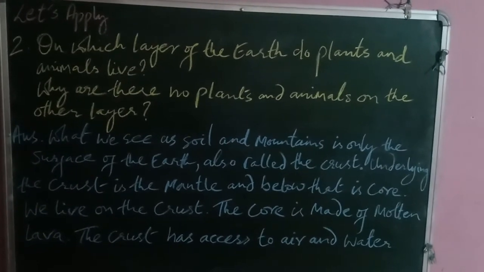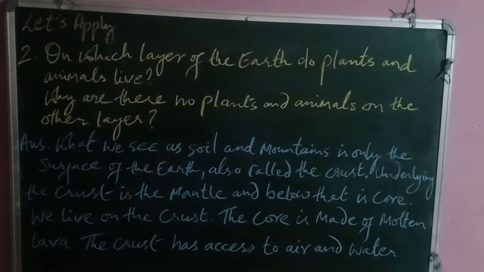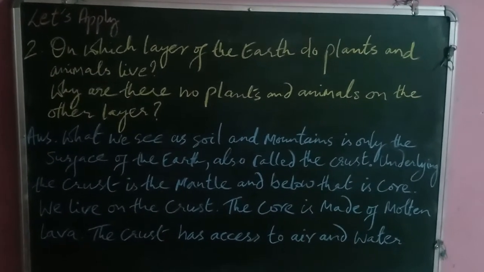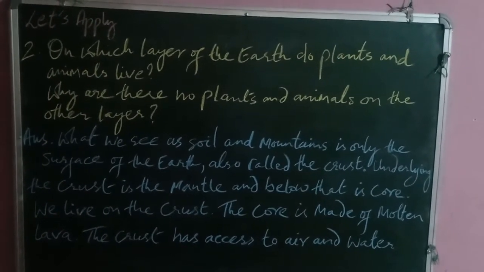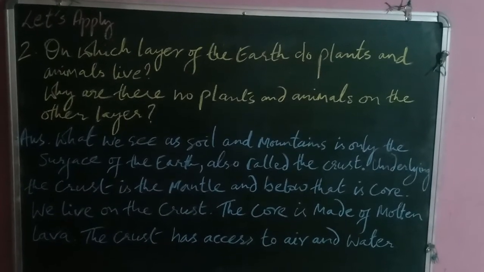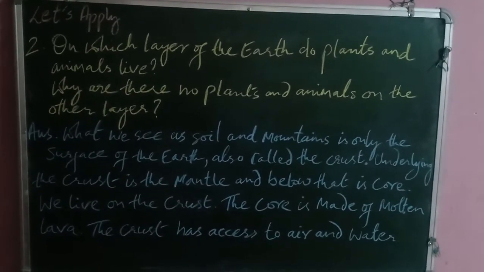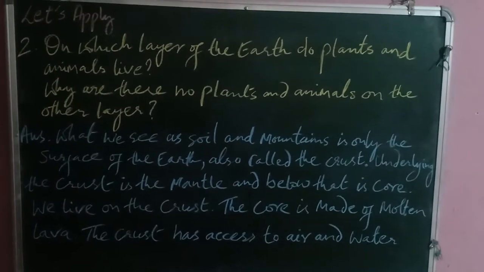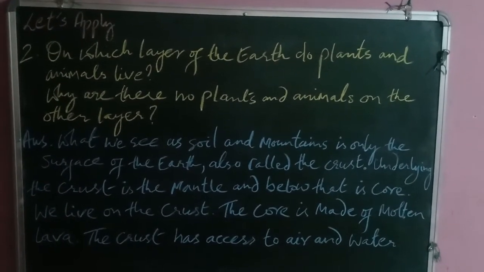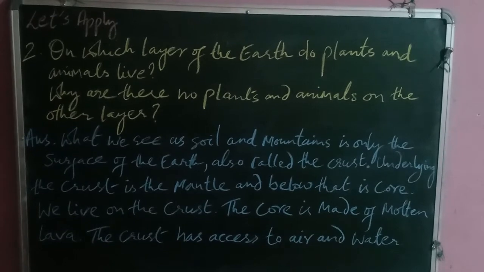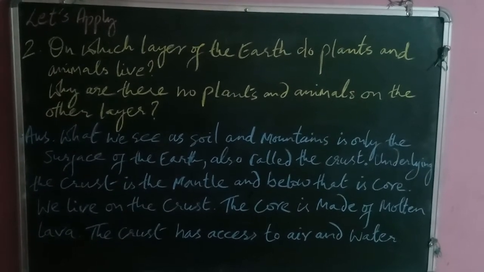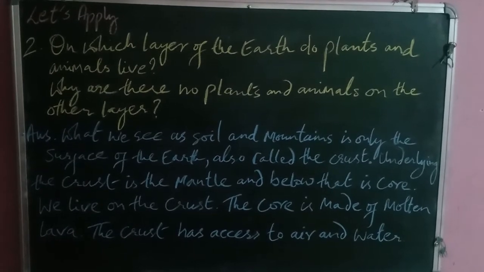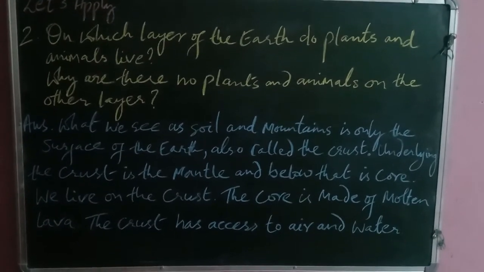Then we have question number 2. On which layer of the earth do plants and animals live? Core, mantle or crust? Why are there no plants and animals on the other layers? So you have to write, what we see as soil and mountains is the surface of the earth, also called the crust, full stop.